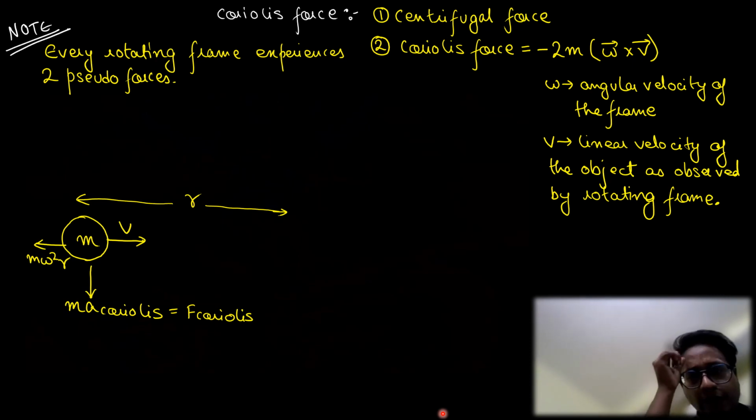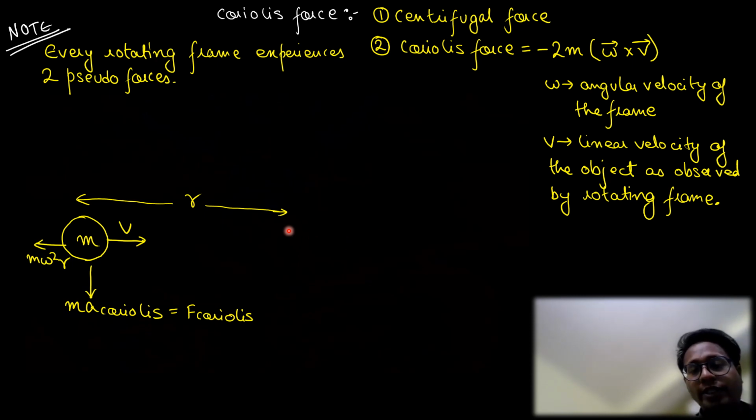Now see one more thing. Does Coriolis force have any direction? Yes. What is the direction of Coriolis force? Omega cross v multiplied by minus. Out here, omega is a vector that is coming towards you, out of the screen. V is a vector that is going in the right hand direction.